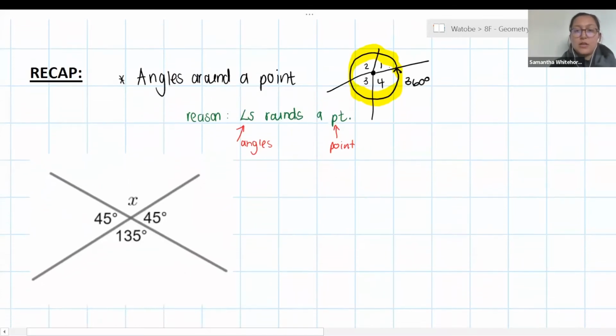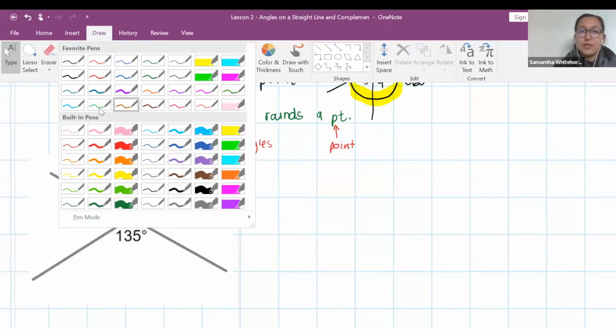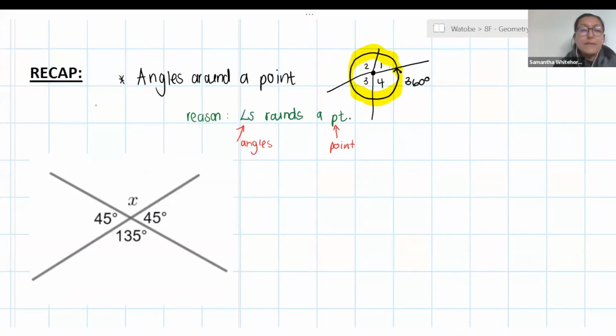So let's have a look at an example of how we can go about finding our missing angle. Guys, as we do more and more reasons, there'll often be lots of different ways that we can find the answer with lots of different reasons, and that's absolutely fine. Sometimes you'll see one reason easier than another.